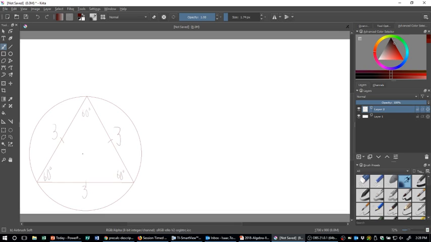And there is a fancy formula, I don't remember exactly what it is, but you could look it up to find the area of an equilateral triangle, and you can just plug in the side length and it gives you the area.